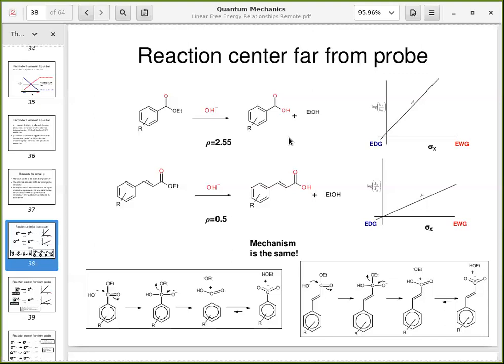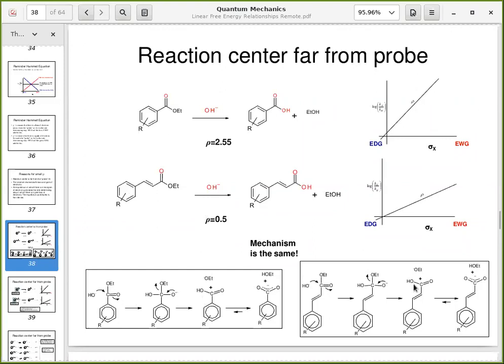However, if I take these cinnamate esters, and I do the same thing, I have a whole lot of electron donating and electron withdrawing substituents, including the unsubstituted case, and I plot them all on a Hammett plot, you'll notice the slope is much lower.